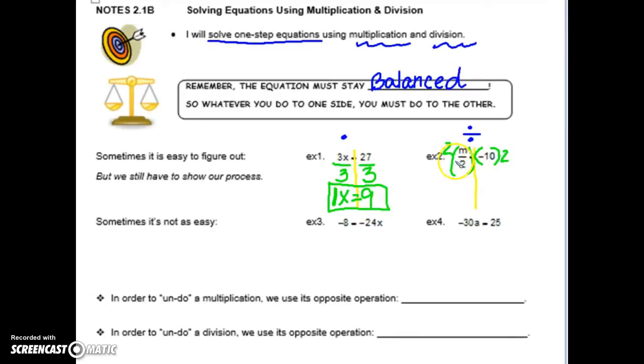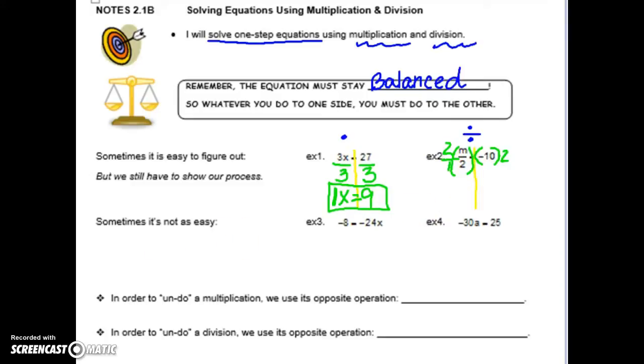Now when I multiply this by 2, 2 is the same thing as 2 over 1, right? So if I multiply 2 over 1 times m over 2, I'm just going to have 2m over 2. And when I see that, these 2's are going to cancel out. Remember when we talked about fractions and how we can simplify before we multiply? We looked at those diagonals to see what we could cancel out.